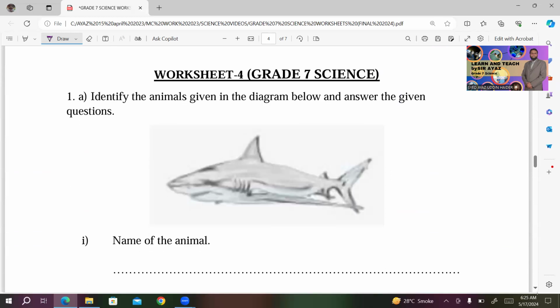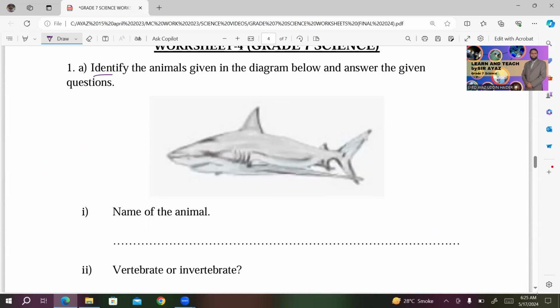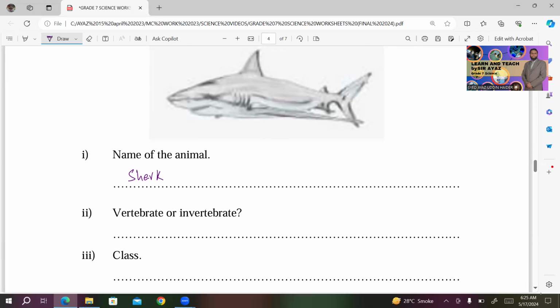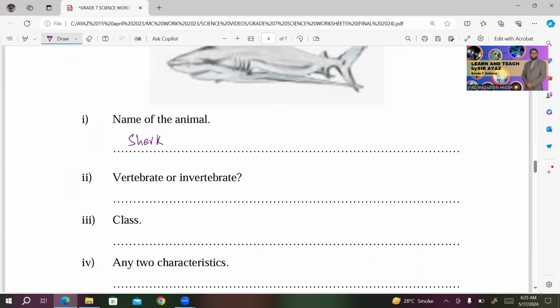Worksheet number 4. Identify the animals given in the diagram below and answer the given questions. So it's a shark. Number 2, vertebrate or invertebrate. Shark is a fish and fishes are vertebrates.